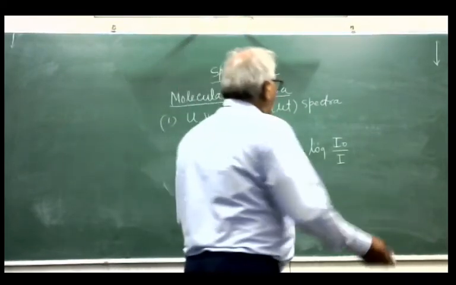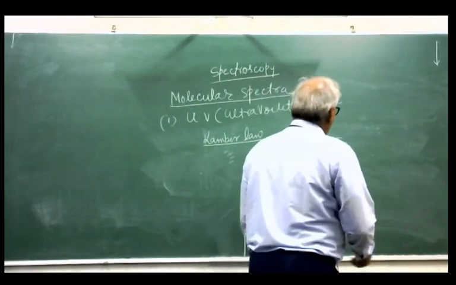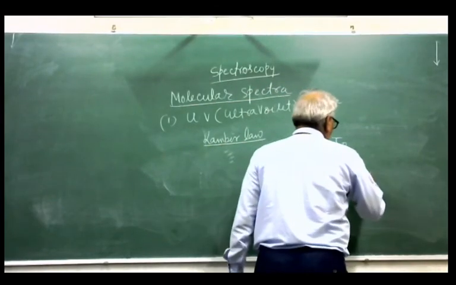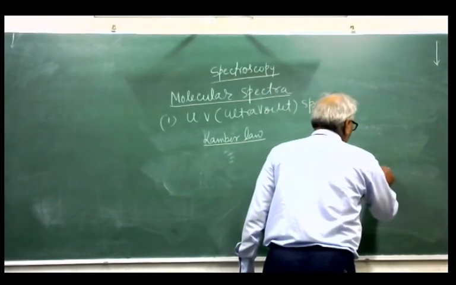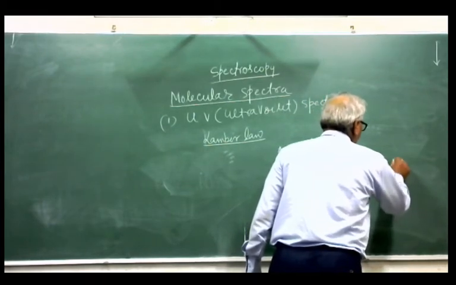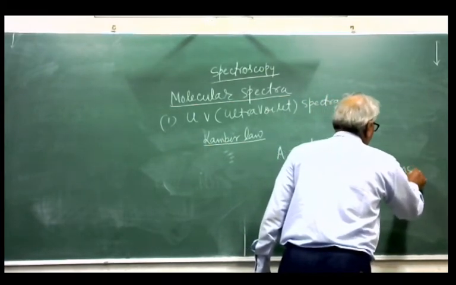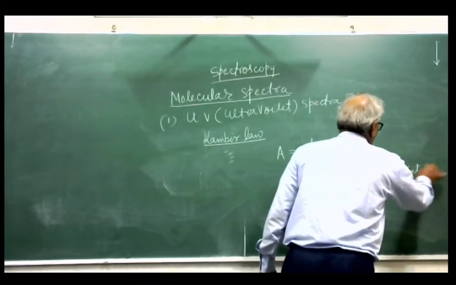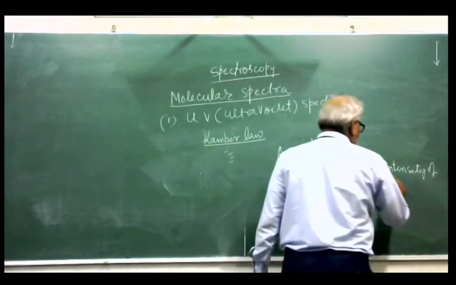So one can say what is I and what is I0. I0 is the intensity of incident light.